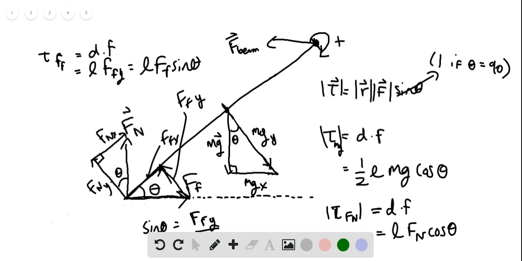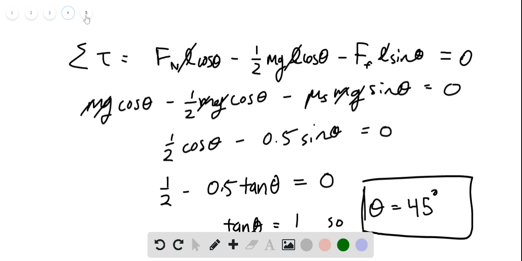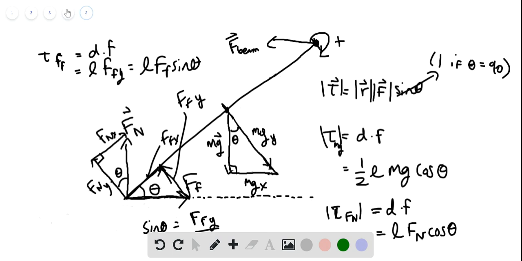But for the frictional force, it's a little different, just because the triangle's in a different place. If you have questions about this, feel free to try the office hours. This is probably the hardest part of the problem, coming up with these trig functions. So you have to really make sure you understand how the angles work.